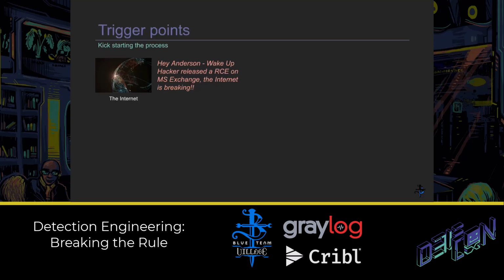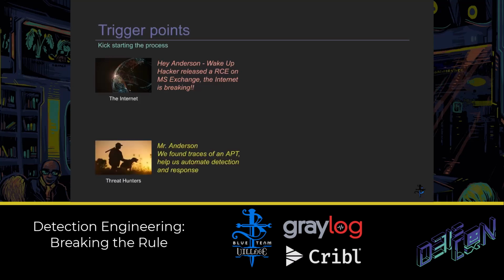So this is a time trial where you are quickly going to create a detection and put it up so that you start seeing hits if your environment is getting attacked.